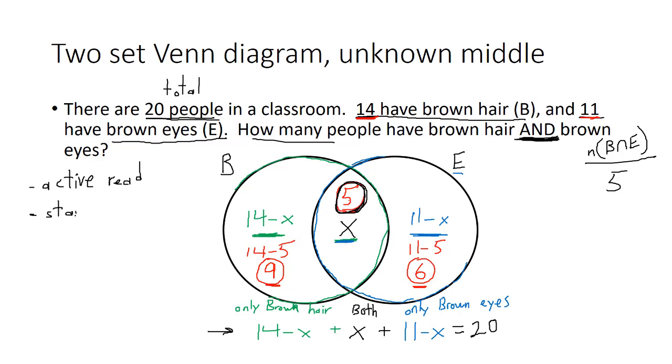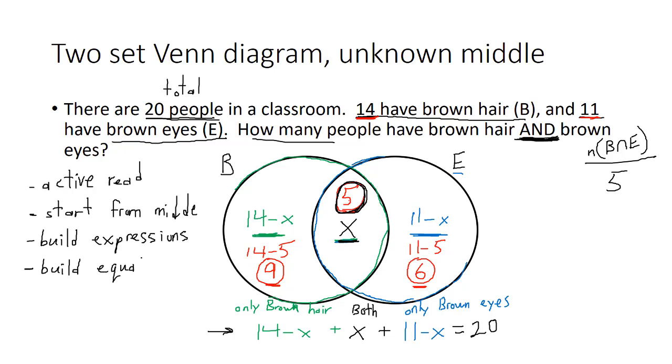Start from the middle. We have our x in the middle. Then we have to build expressions with that variable x. I guess you don't have to use x; you could use an n or an a or something if you wanted. Hashtag freedom. Then from there we can build an equation to actually solve.